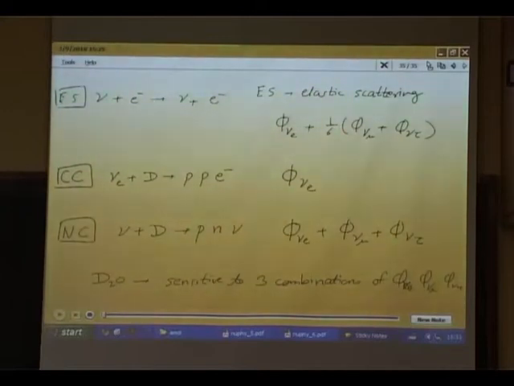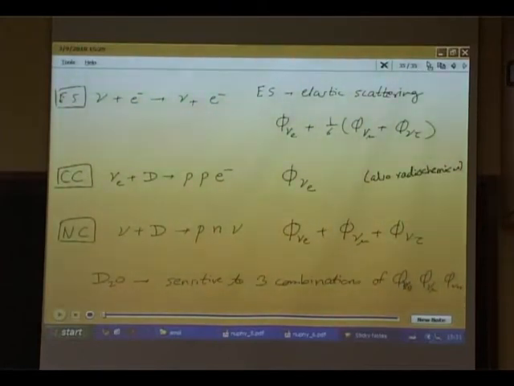So this is something that was not allowed before. When you did radiochemical experiments, you only had ν_e. Nuclear reactions have only ν_e in them. So radiochemical interactions only measured the flux of ν_e, with gallium and chlorine.